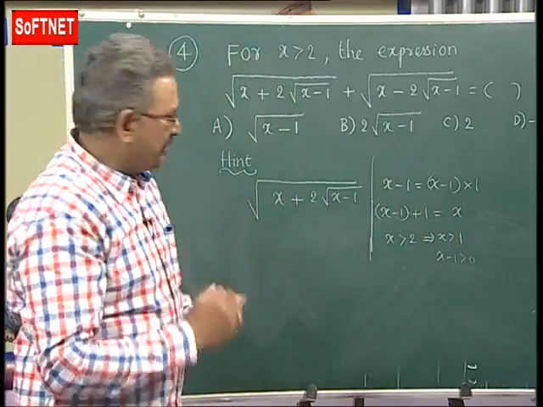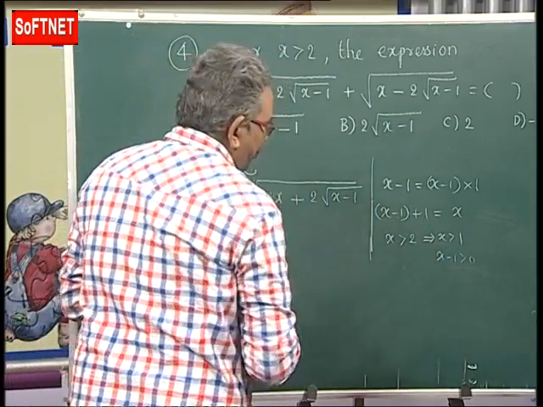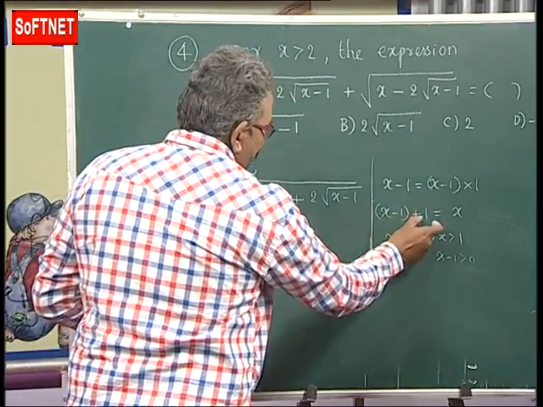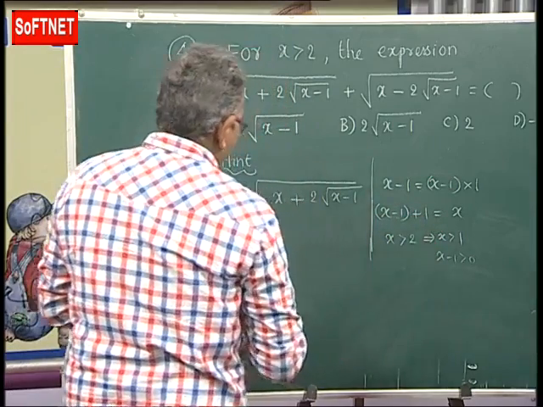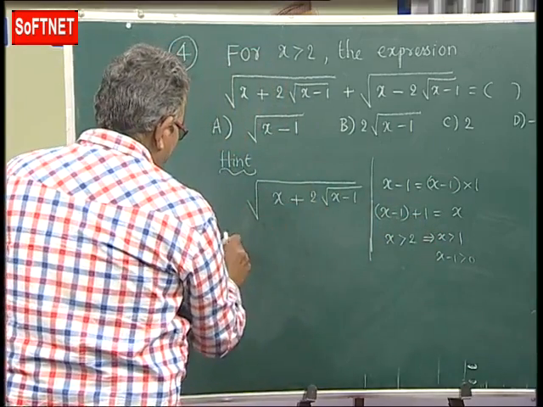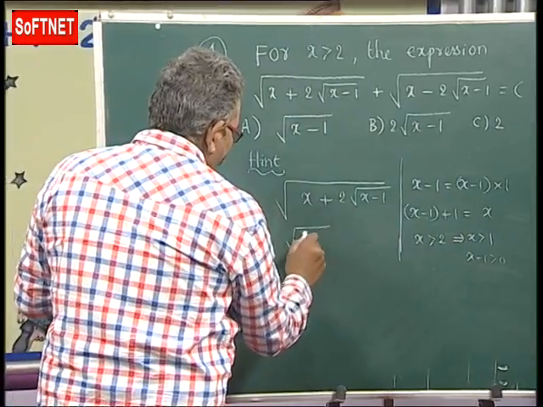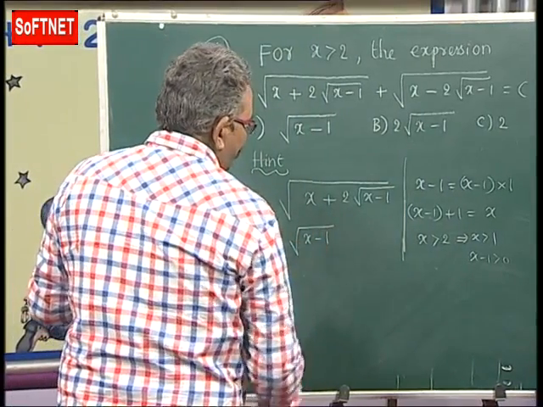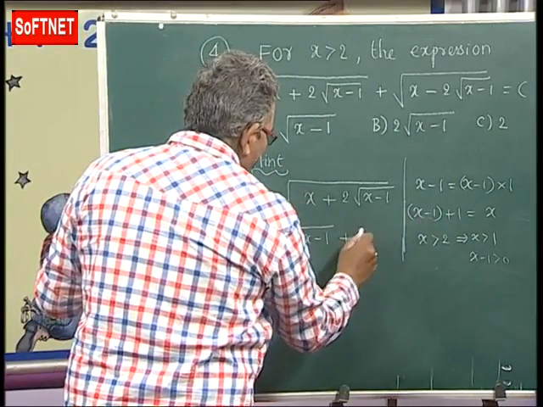The bigger one decides the result, and x minus 1 is more than 1. So this square root we can write as root of x minus 1 plus root 1, which is 1.